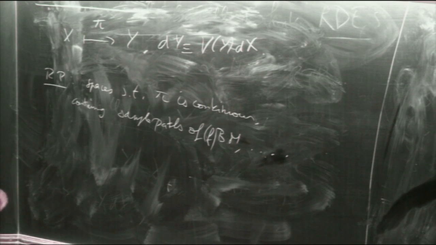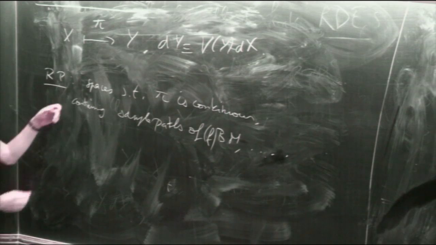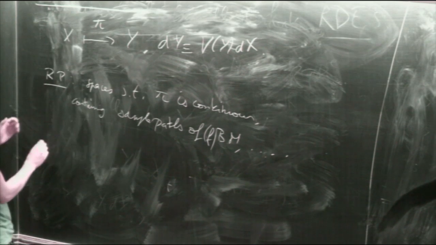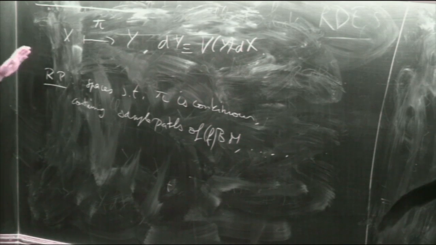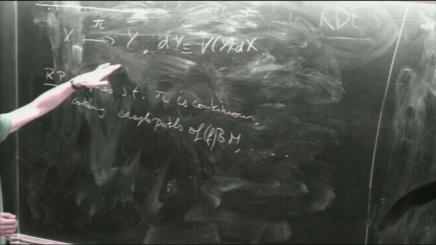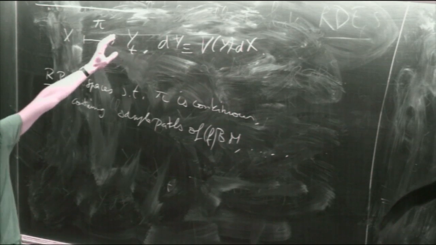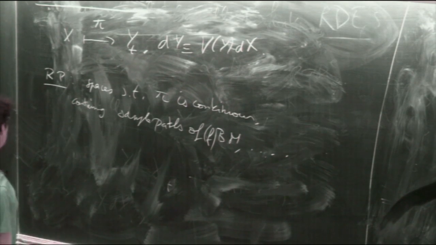And the spaces of rough paths are not linear spaces. If you look at this map from the space of continuous functions to R, just looking at y_t at a fixed time, it's not continuous.